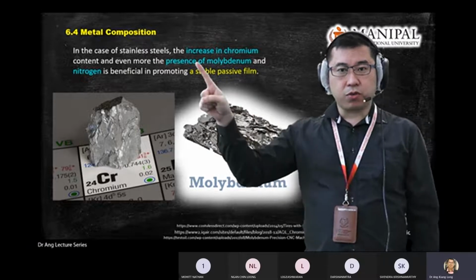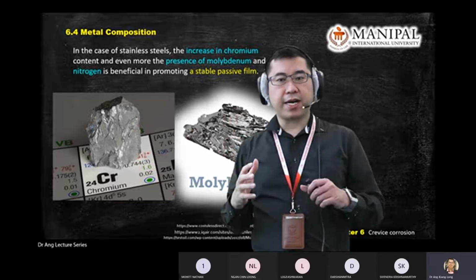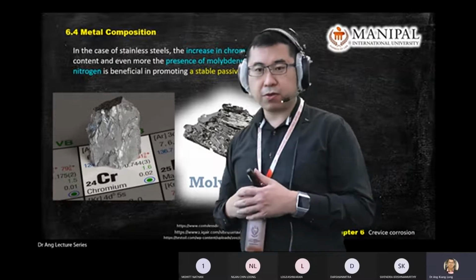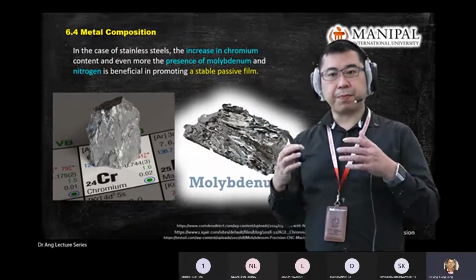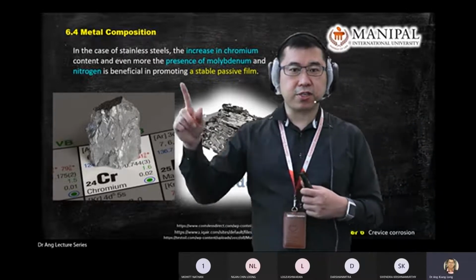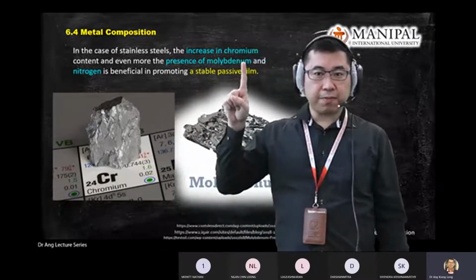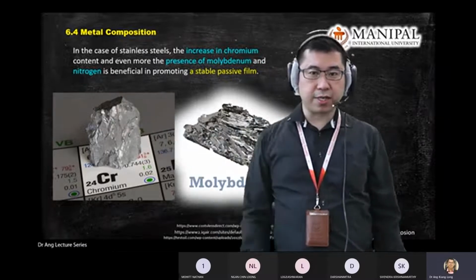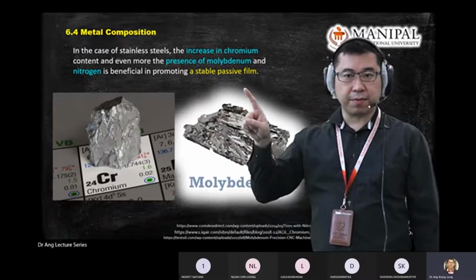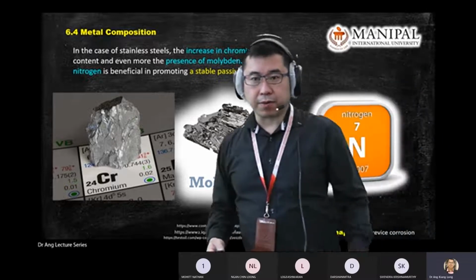A stable passive film is good for corrosion protection. So that's why stainless steels are good for normal corrosion protection, and why people use stainless steel in normal building structures. They do not corrode easily because of the chromium, molybdenum, and nitrogen. These three form a passive film.